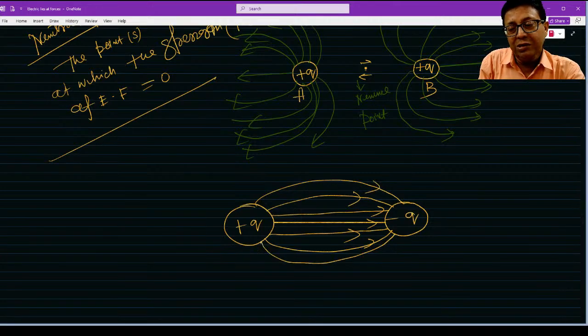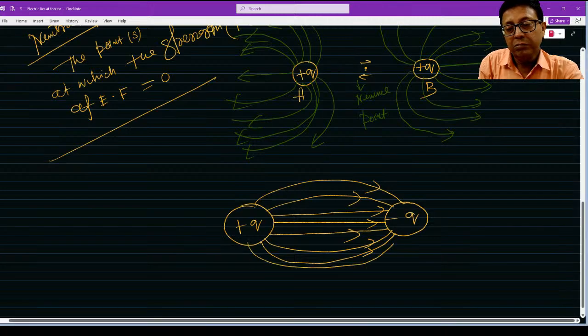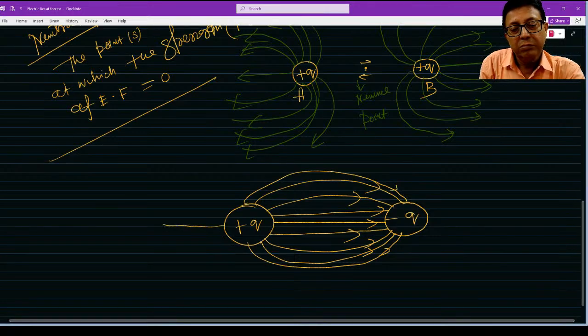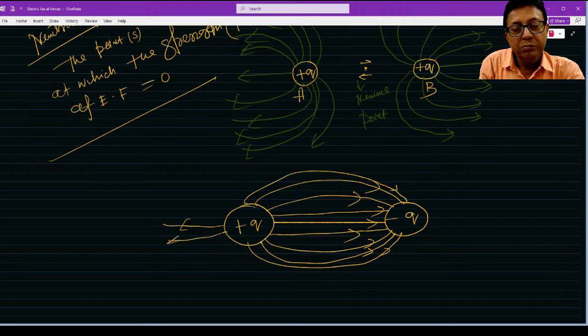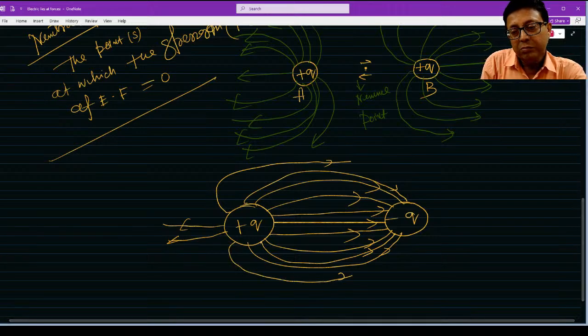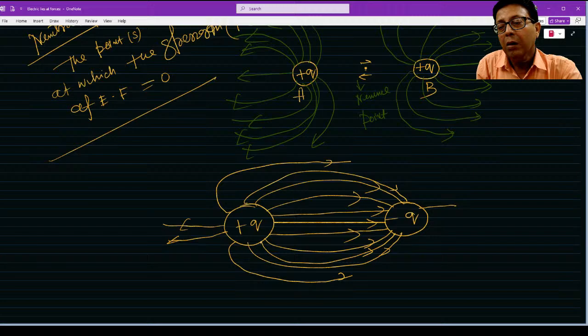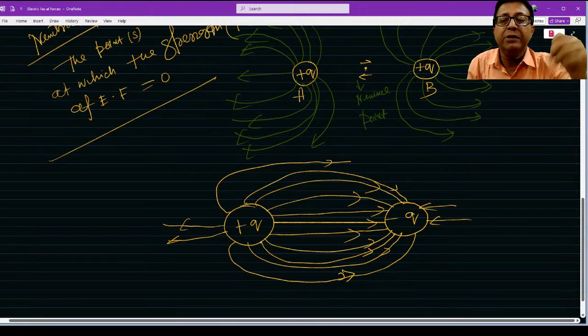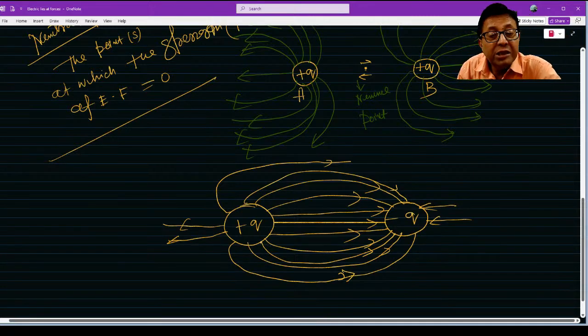Not drawing all, just doing a few. So lines of forces will be terminating at the negative charge here if they are kept side by side. They start from plus q and they will be terminated at minus.